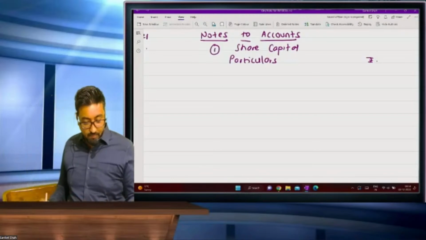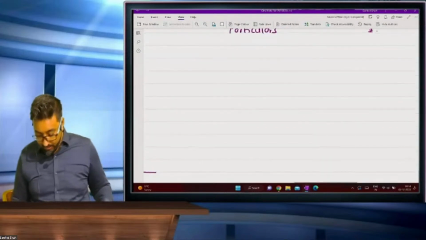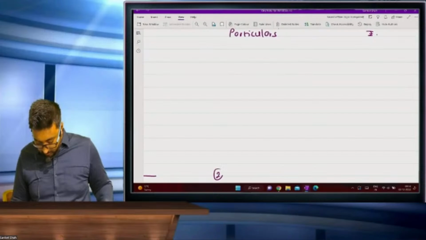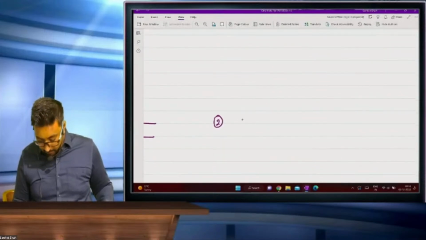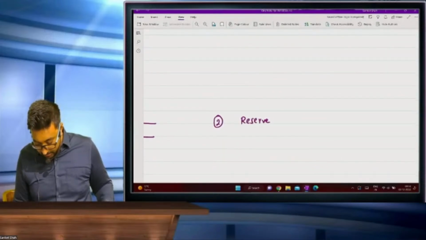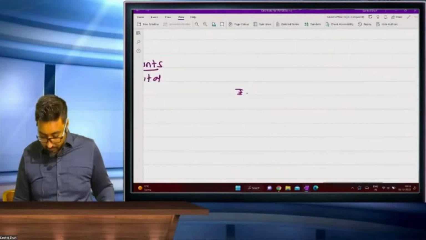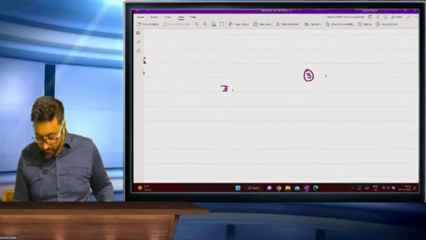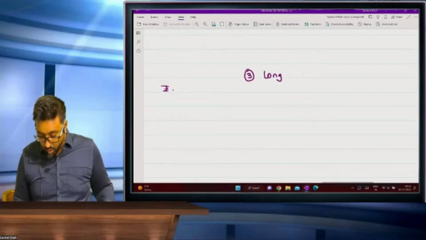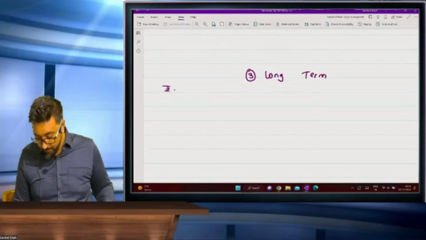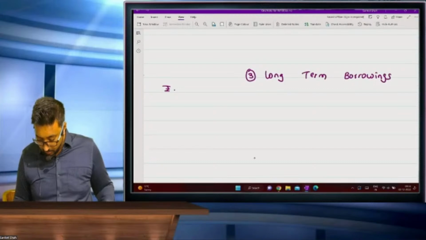Minimum 8 lines. 2. Reserves and surplus. 6 lines. 3. Long-term borrowings. 4.